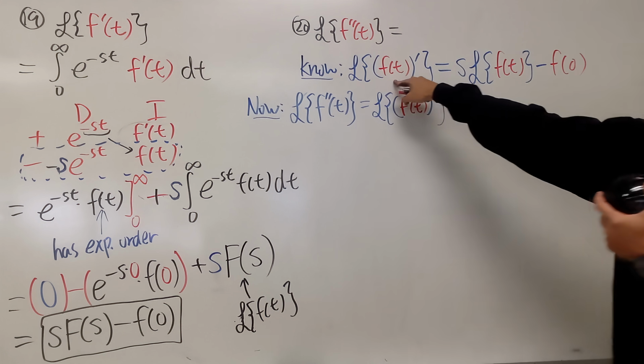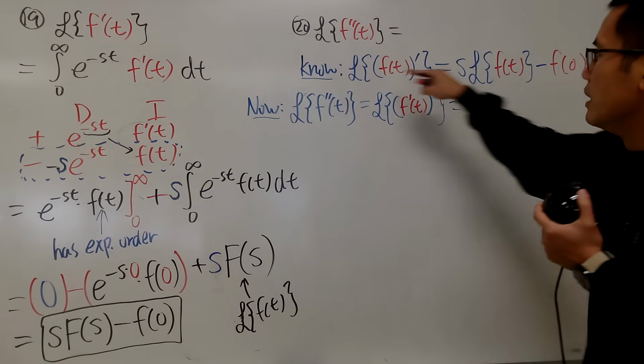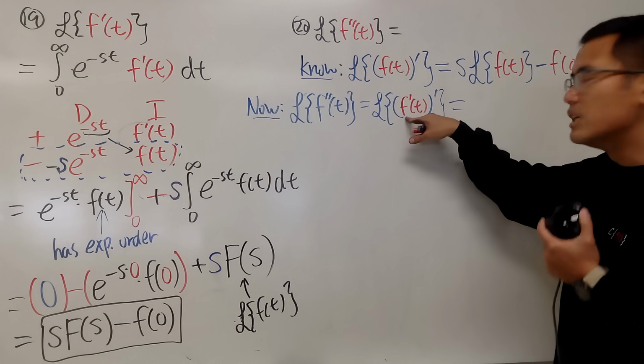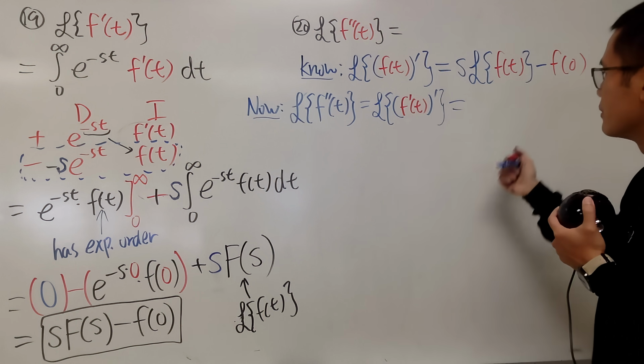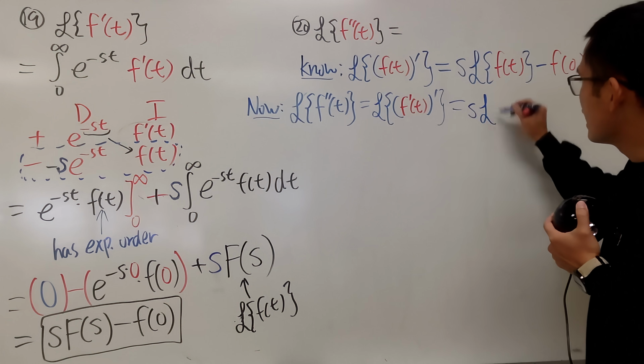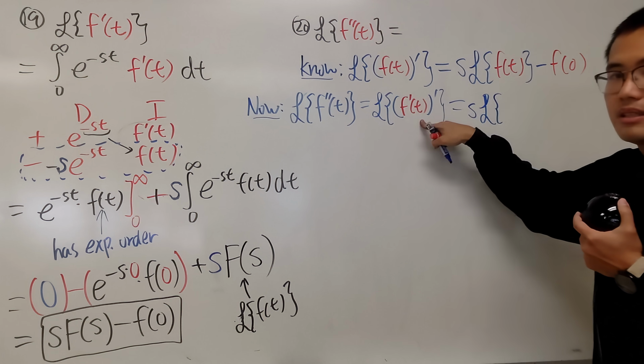Little f of t, little f of 0. This, and that, they are the same kind. Now, my kind right here is f prime. So next, all I have to do is the following. Here, I still have s. And then I will just do the Laplace. And then this is just going to be this. Yeah?